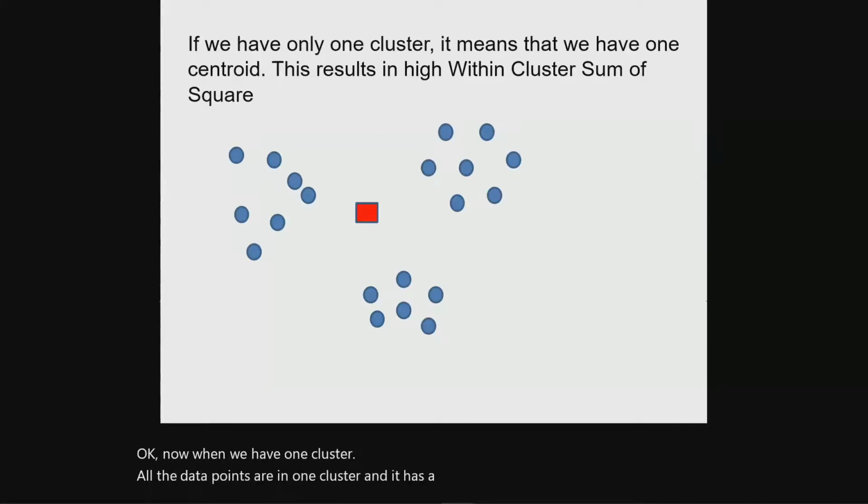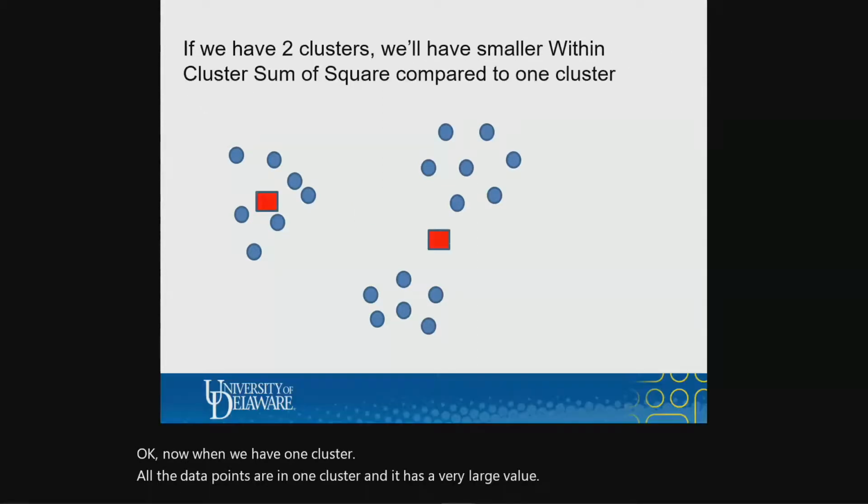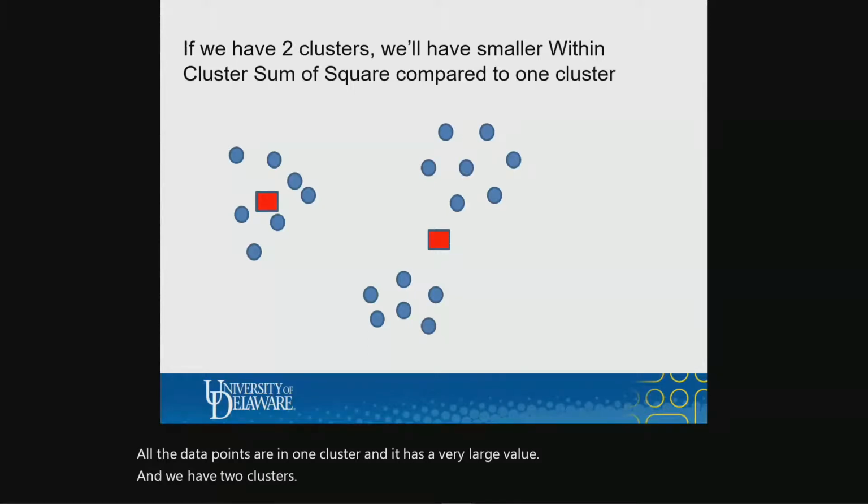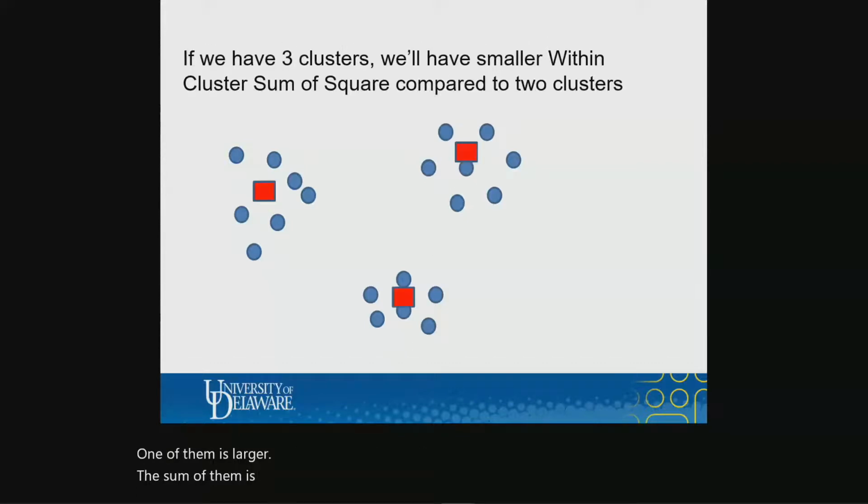Now, when we have one cluster, all the data points are in one cluster, and it has a very large W. When we have 2 clusters, there are 2 Ws. One of them is small, one of them is larger. The sum of them is smaller than before. Then we have 3. The sum of them is even smaller.